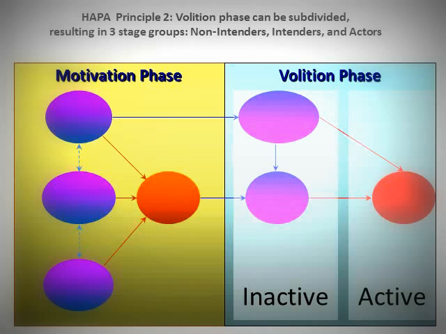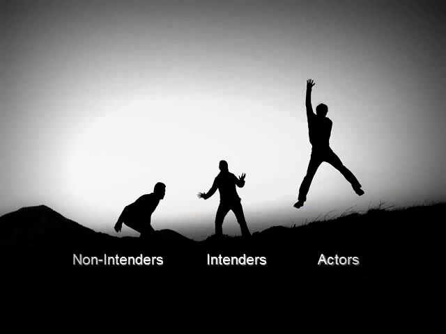Principle 2 says, in the volition phase there are 2 groups of individuals, those who have not yet translated their intentions into action, and those who have. There are inactive as well as active persons in this phase. In other words, in the volitional phase we find intenders and actors who are characterized by different psychological states.